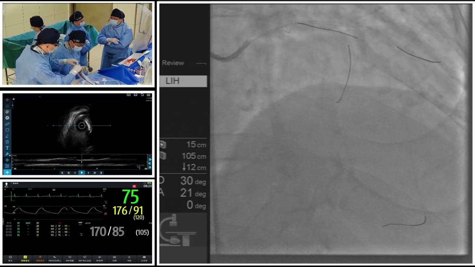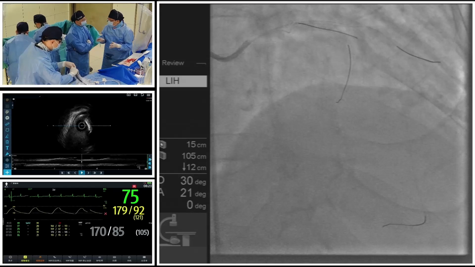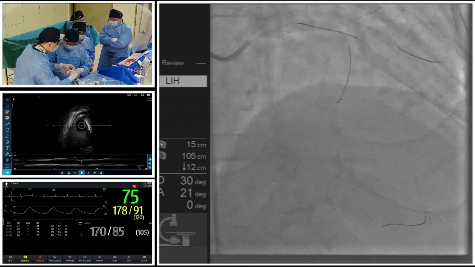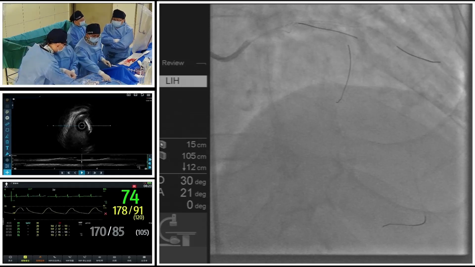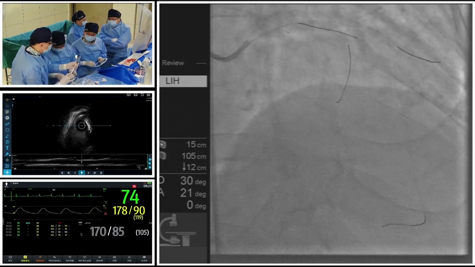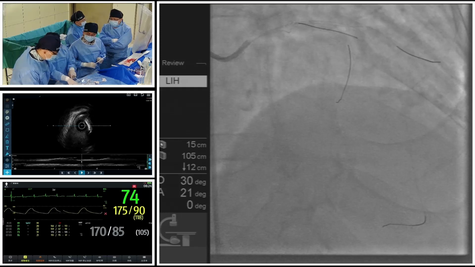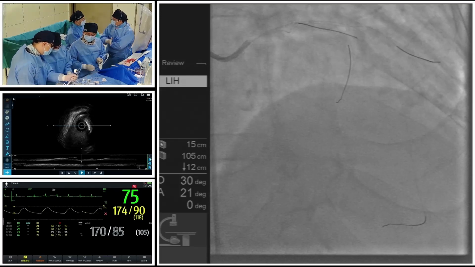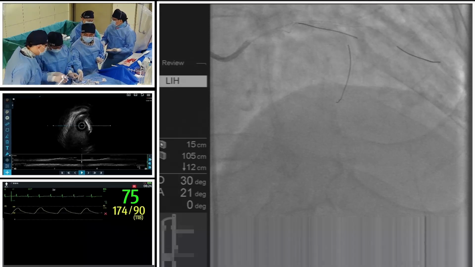And sometimes you also could see the collateral channel, and if the collateral channel is large enough, we also could see its distribution, and it could give us more information to help us make the optimal strategy for the patients. Because like in this case, the ostium LAD has deep calcification.